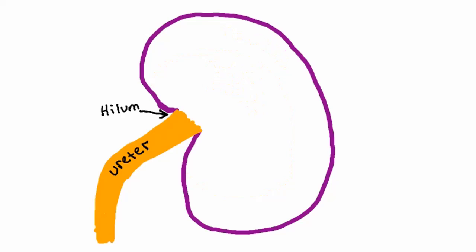Now the big, major, important structure inside of the kidney is in the medulla region. It starts right where the cortex ends, and these little pyramids go down in the medulla region. Sort of like if you slice open an orange and you see the little orange slices, those little triangles.